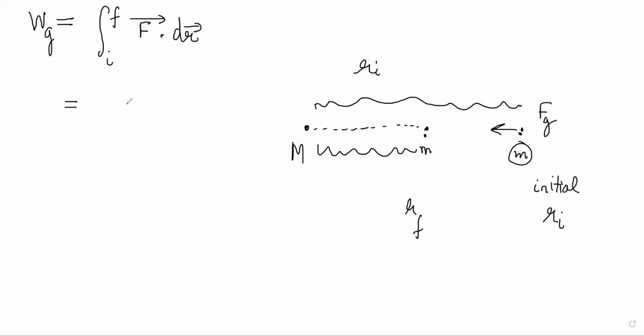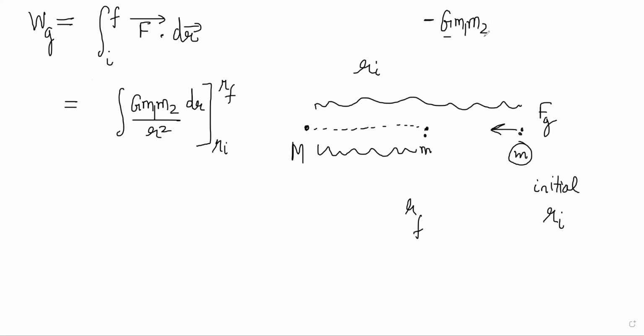So you will get G m1 m2 by r square dr and integrate it from Ri to Rf. Obviously here you have to be a little careful, but if you know that the final answer is positive, then you don't have to worry too much, because technically you will write force as minus G m1 m2 by r square, and then dr generally will be this direction, right?